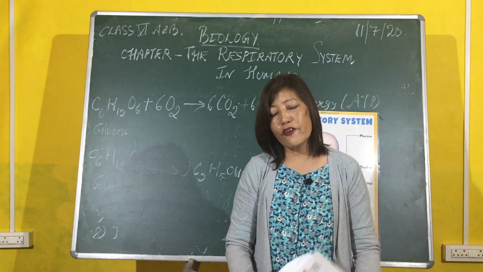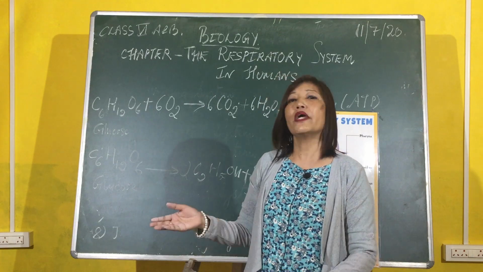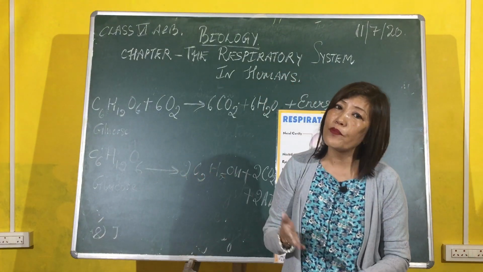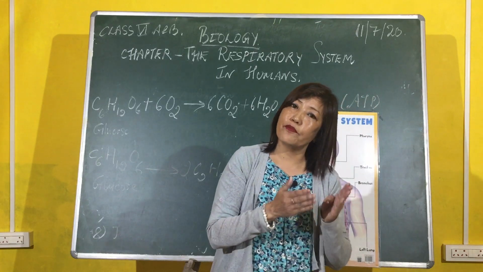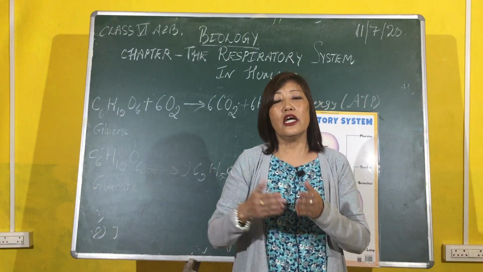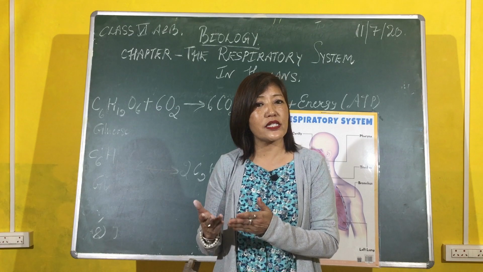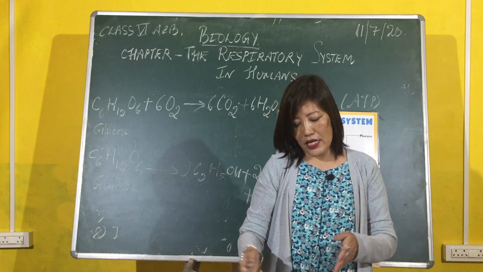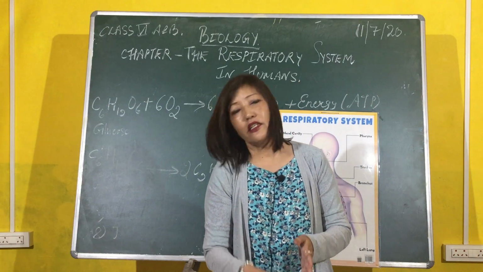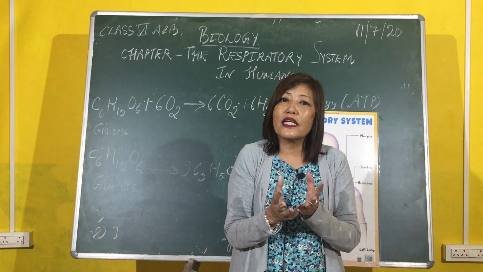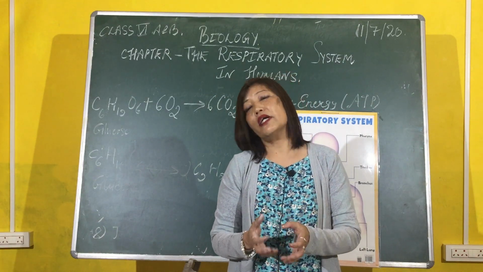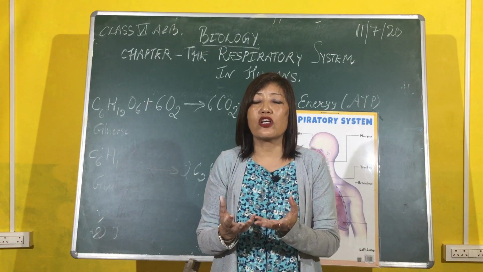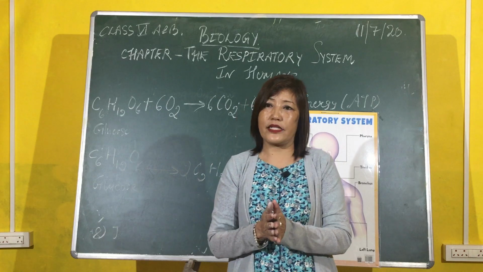If you see the differences between aerobic and anaerobic respiration, aerobic respiration takes place in presence of oxygen, anaerobic respiration takes place in absence of oxygen. And in aerobic respiration, the food is completely oxidized, but in anaerobic respiration, incomplete oxidation of food takes place.